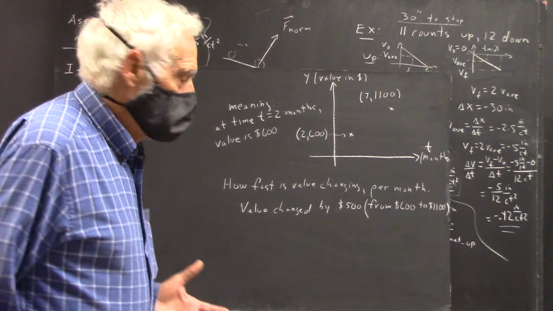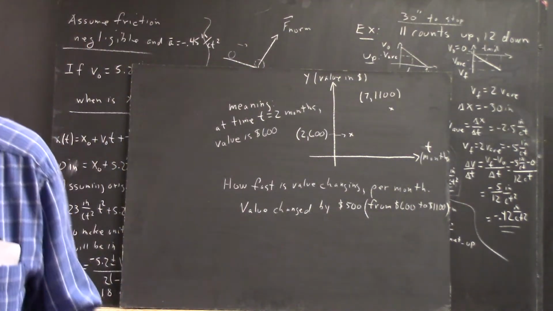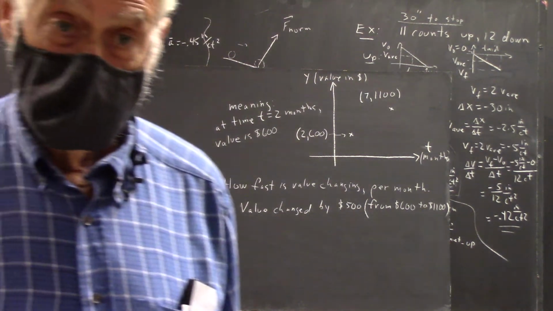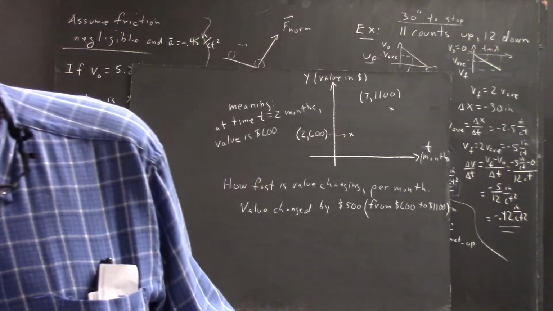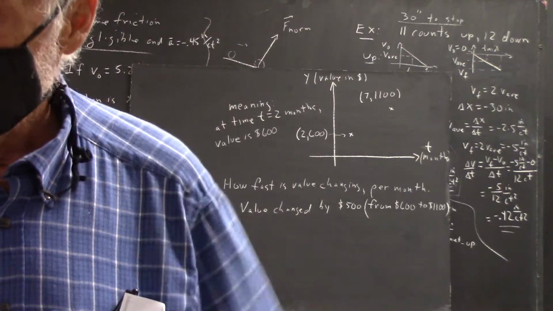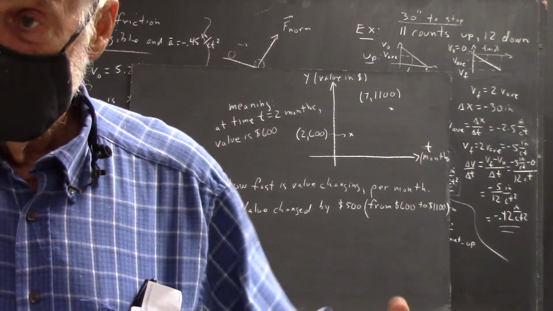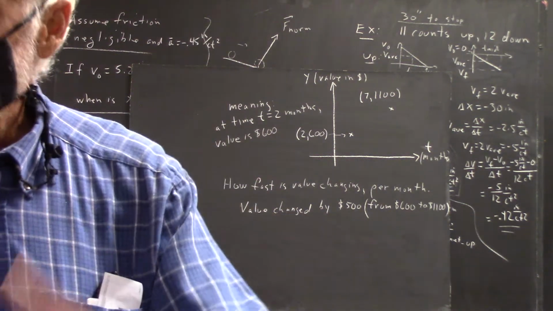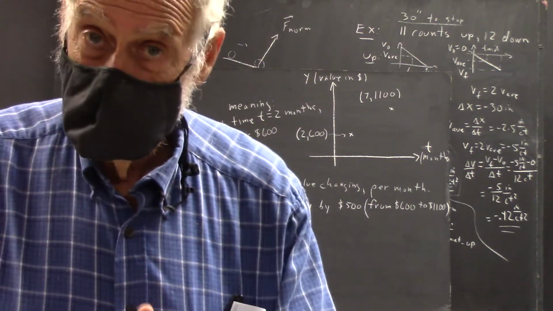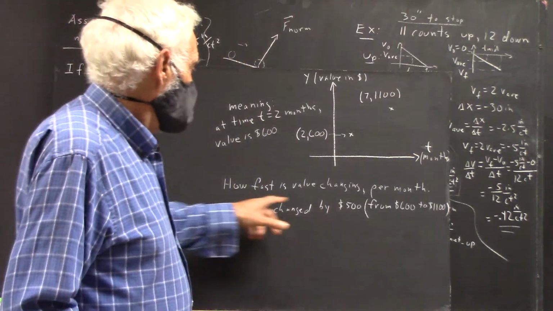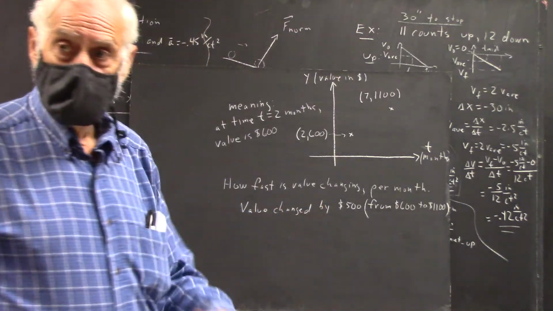Now, what else do you need to know to figure out how quickly it's changing? Well, if you change the value by $500 in 2 months, it's changing faster than if you change by $500 in, say, 9 months, right? The shorter the time that $500 takes to change, the more quickly it's changing, and the answer to your question here is going to be greater.